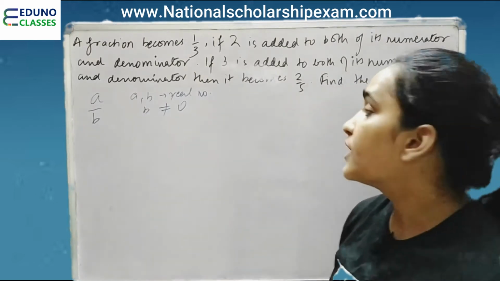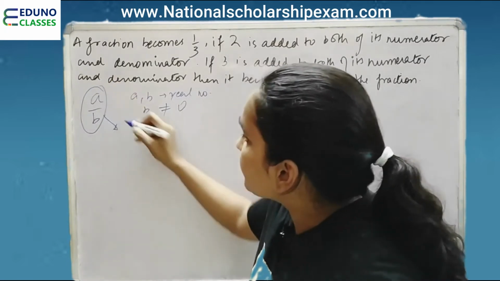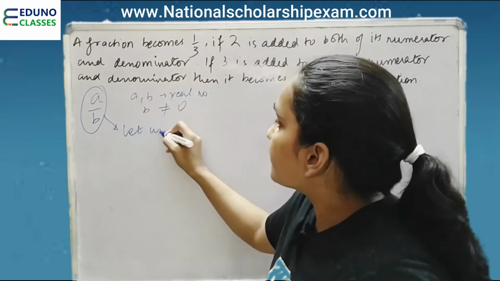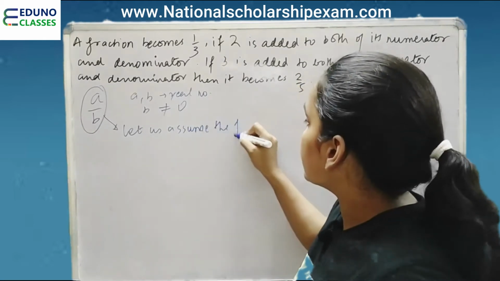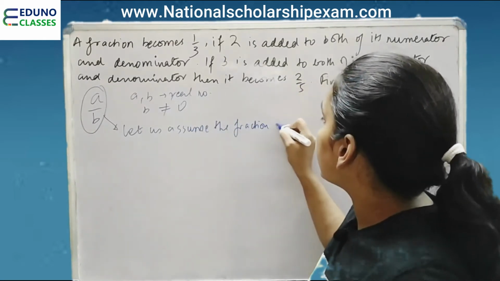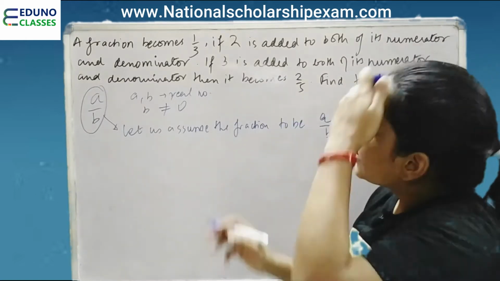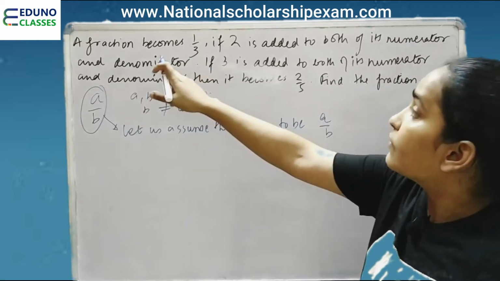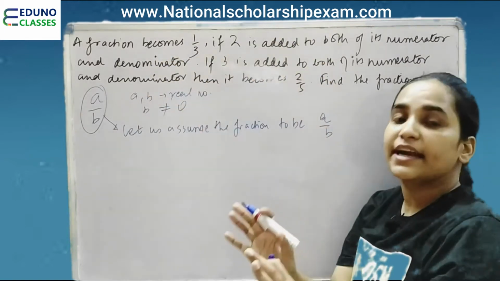So let us suppose our fraction is a by b. This is our assumption. It says that the fraction becomes 1 by 3 if 2 is added to both numerator and denominator.